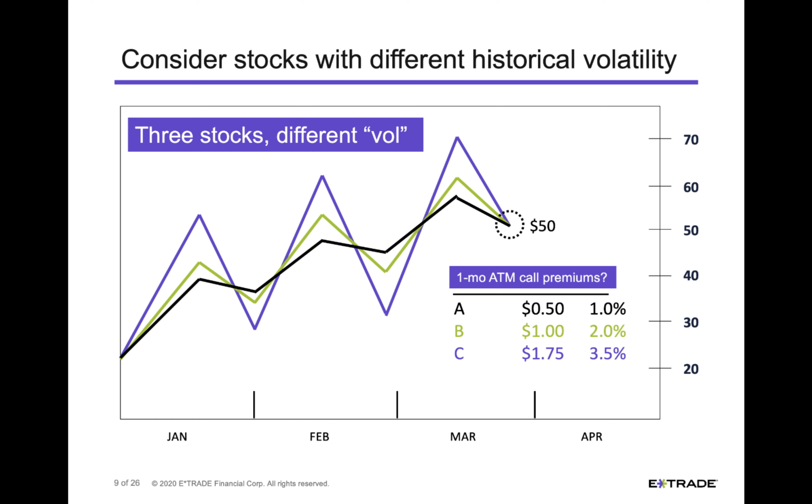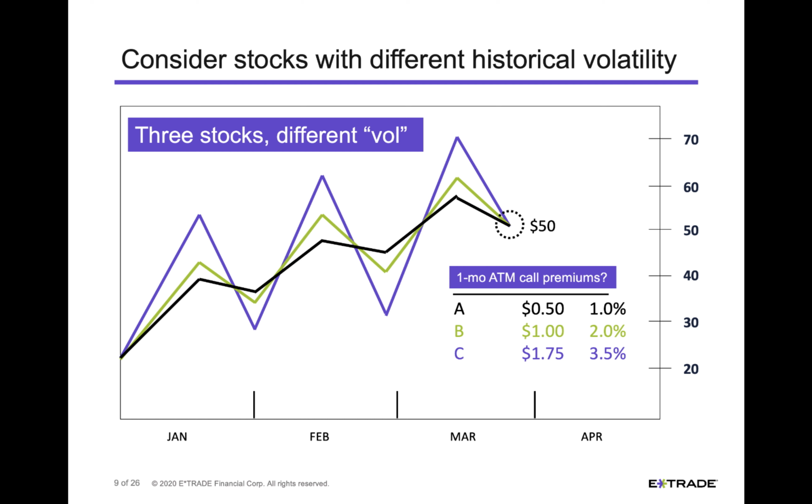That is because of the historical volatility. The more historically volatile a stock has been, the higher the option is going to be priced. And you can see that here. Price performance is exactly the same, but the behavior is going to be different, and that gets priced into things.